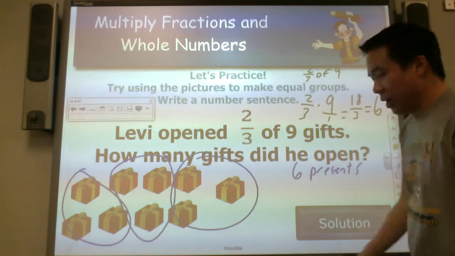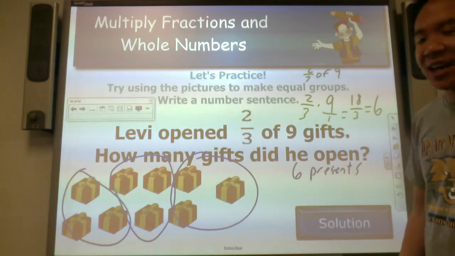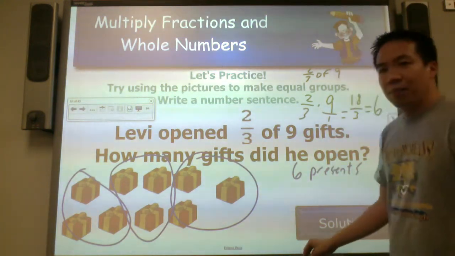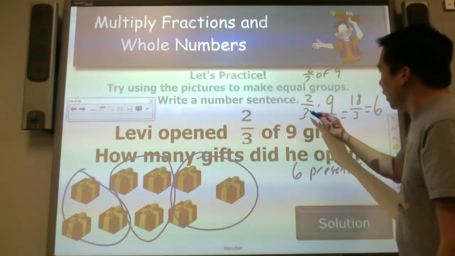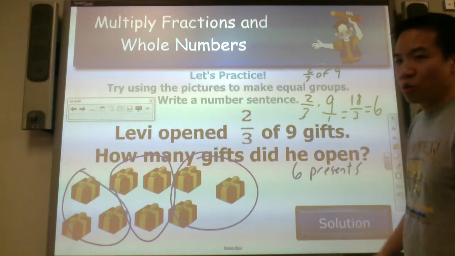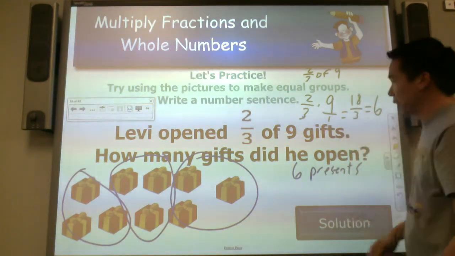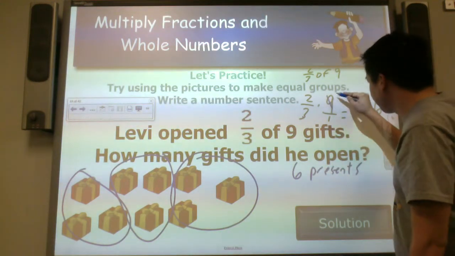6. There are other ways to do this called cross simplification. I only do this if you feel comfortable. Most people like just timesing it away. This is what I'm talking about. Can 3 go into a 9? It can. You can simplify it before you start multiplying. Can 3 go into 9? 3 times.